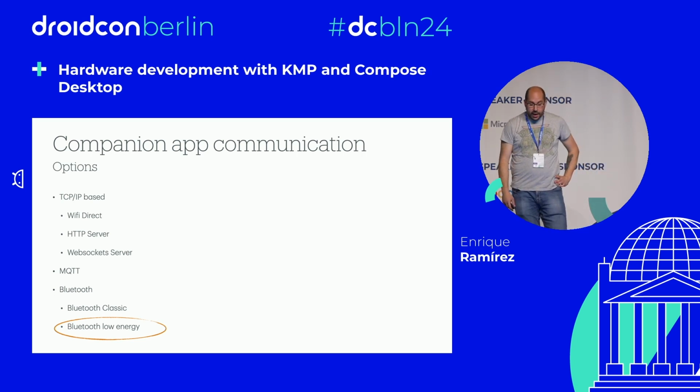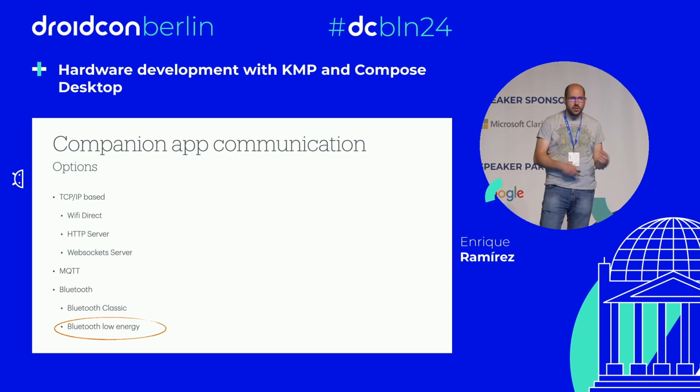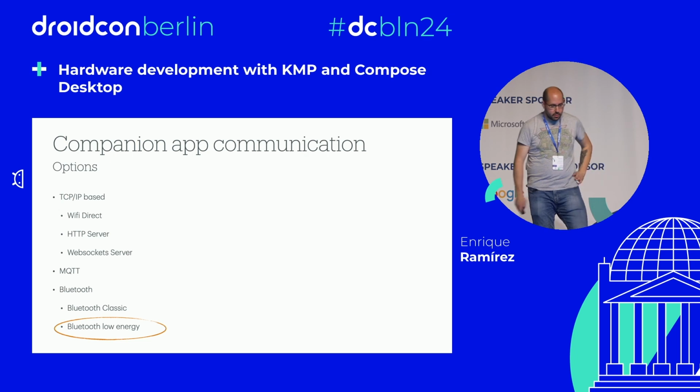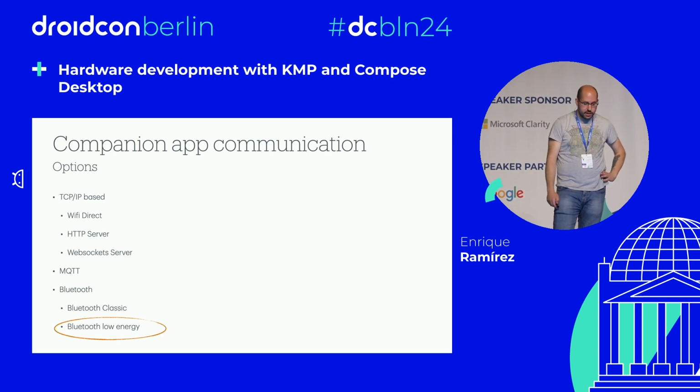And it's very standard, very easy to work with. And the good thing about Bluetooth Low Energy is that you don't need to pair every time. You can just know the identifiers of your service and your characteristics that we're going to see now. You can talk to it very quickly, in a nice way.